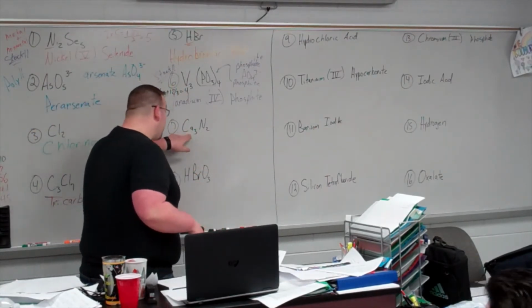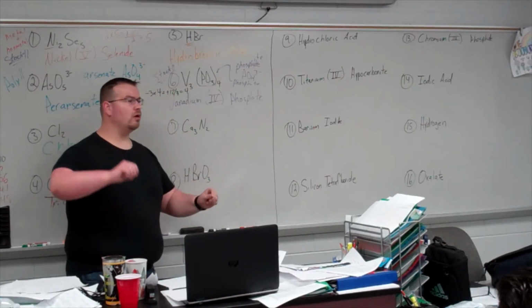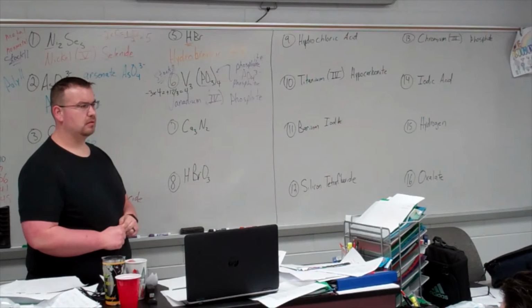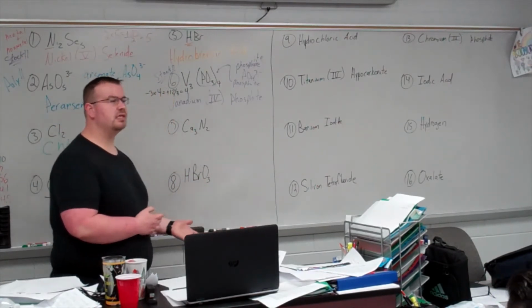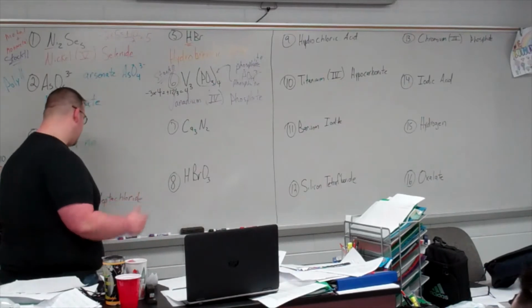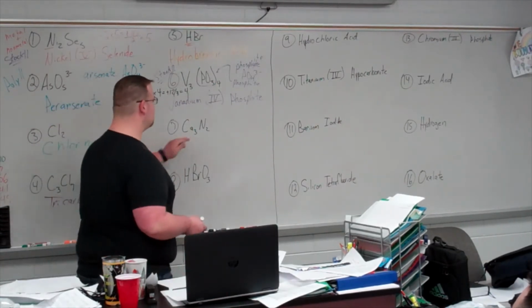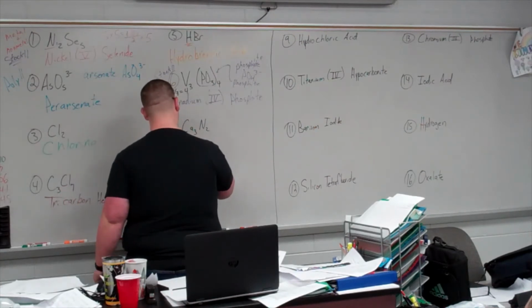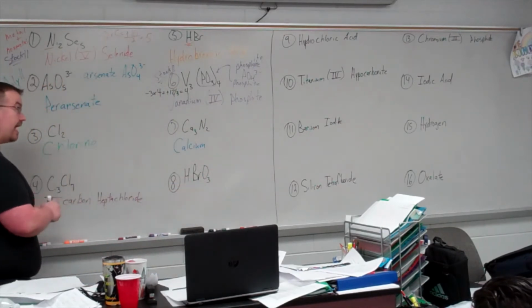But I got to look at the first element. My first element's calcium. Does that come from column 1 or column 2? Column 2. Comes from column 2, so we're going to use that set of rules, which is name the monatomics and combine their names, which is very easy. Calcium is just calcium. The cations are named the same as the element.